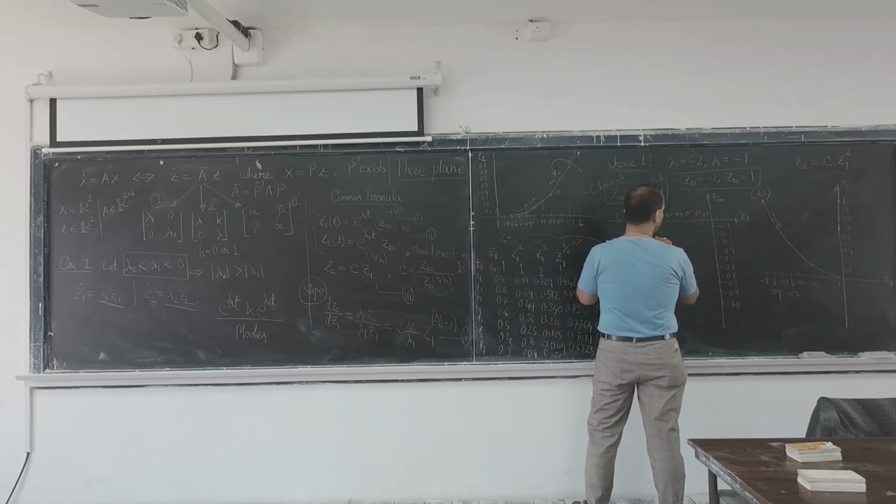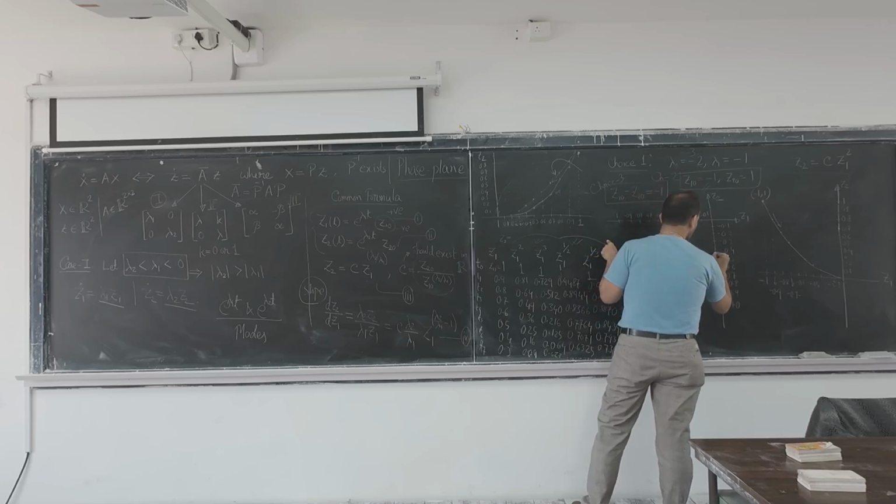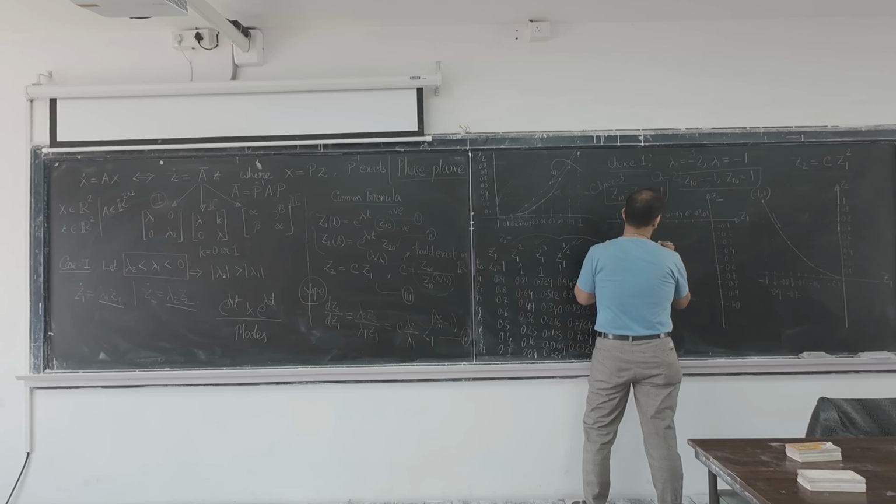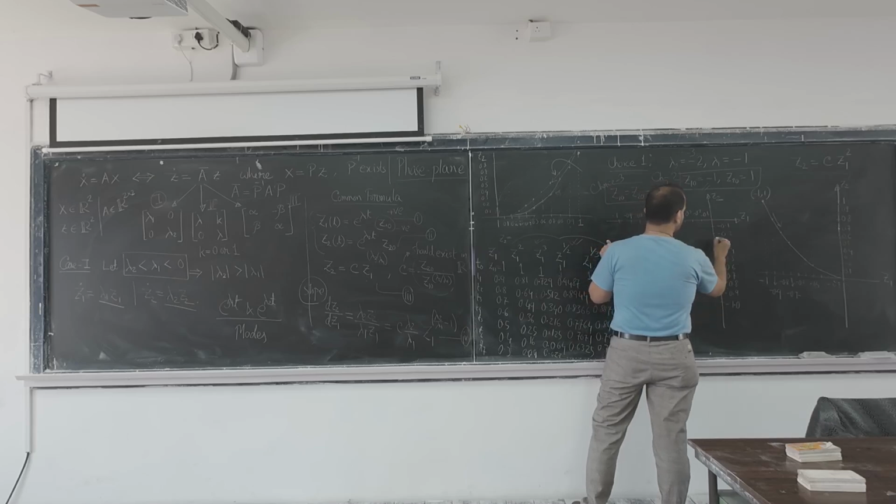For -0.6 it will be -0.36. For -0.5 it will be -0.25.